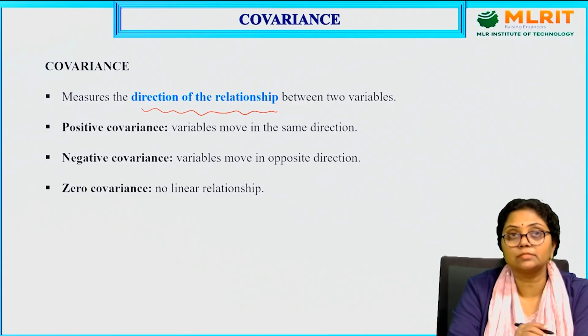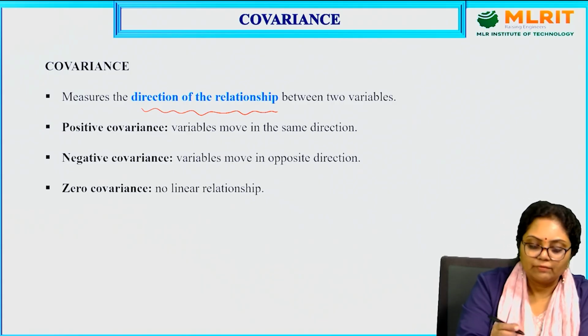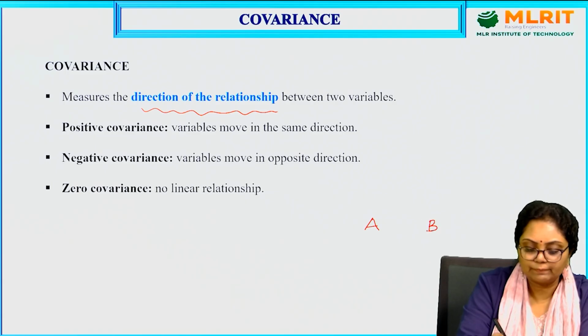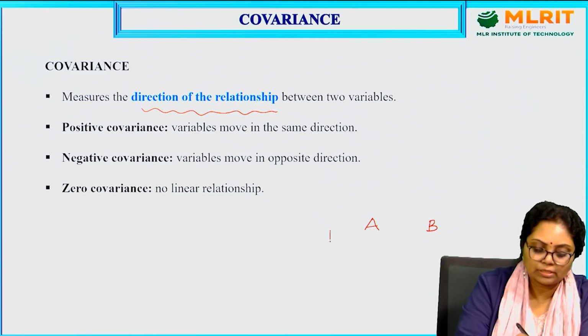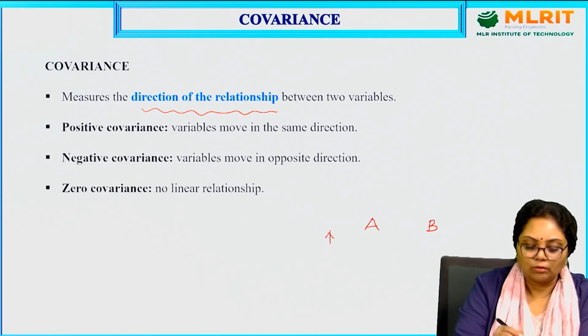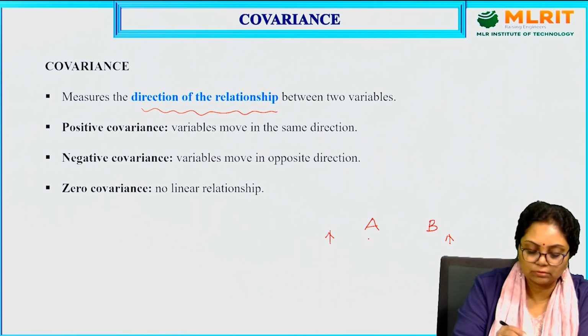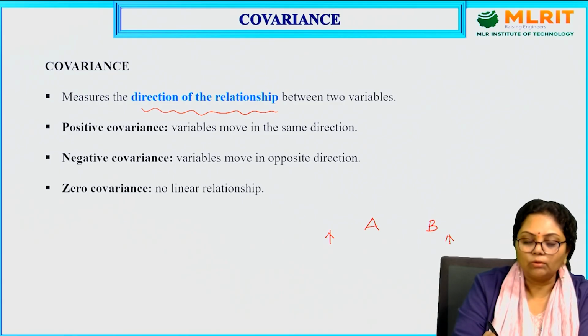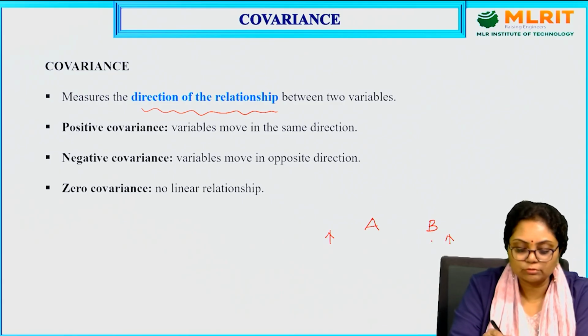Now, what are positive covariance and negative covariance? Say, for example, we have two stocks, stock A and stock B. If A and B are positively correlated, then when the price of stock A is increasing, automatically the price of B is also increasing.